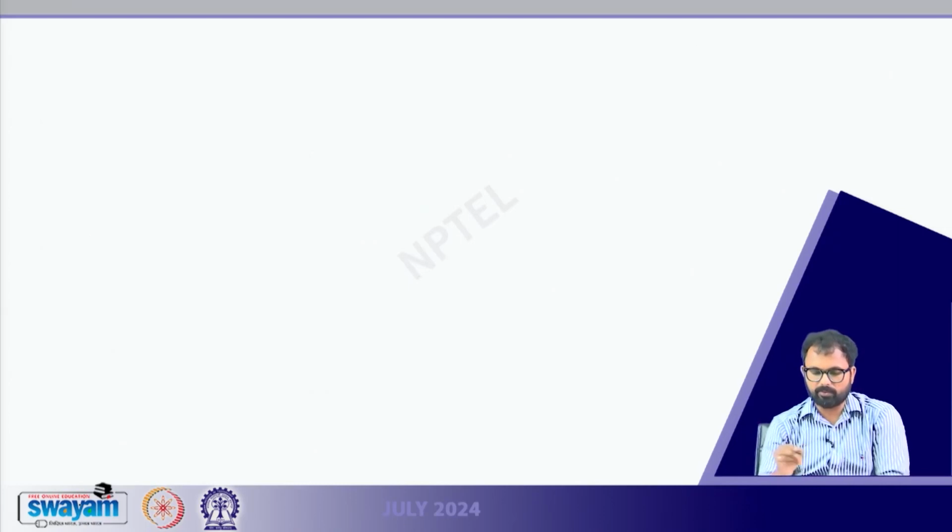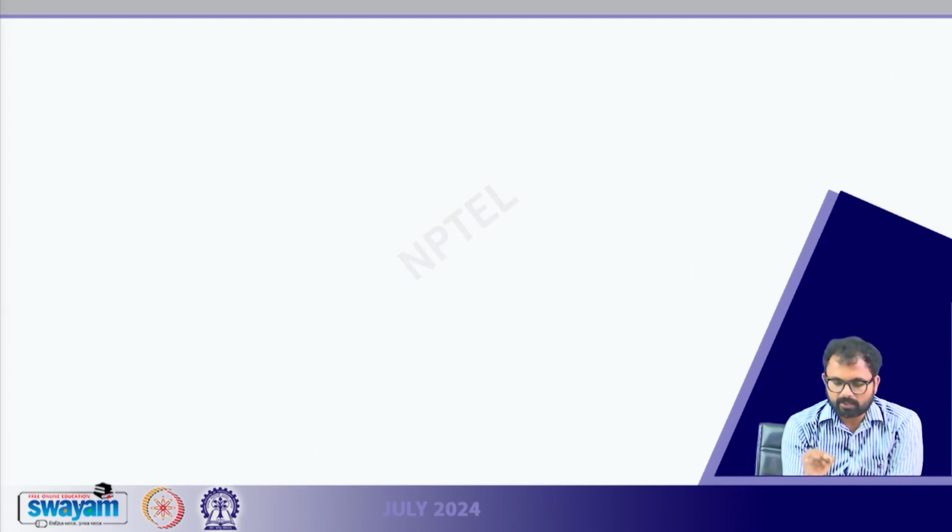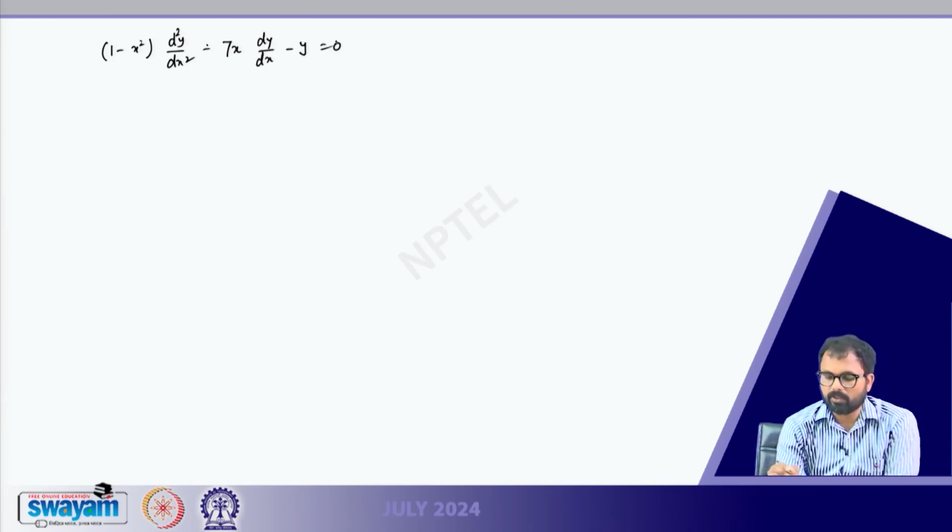If I give too many definitions, that is also not good, so let us see one example. Suppose we have (1 minus x square) d square y by dx square minus 7x dy by dx minus y equals 0.